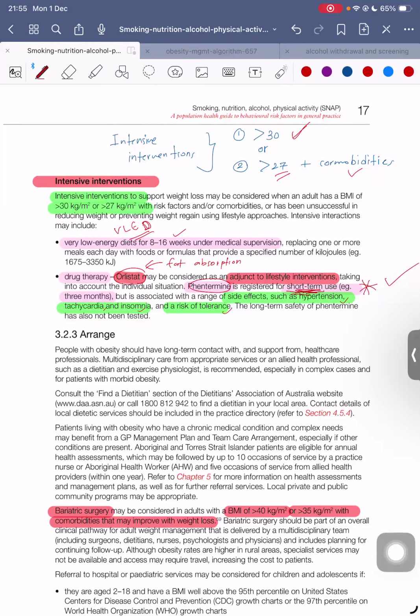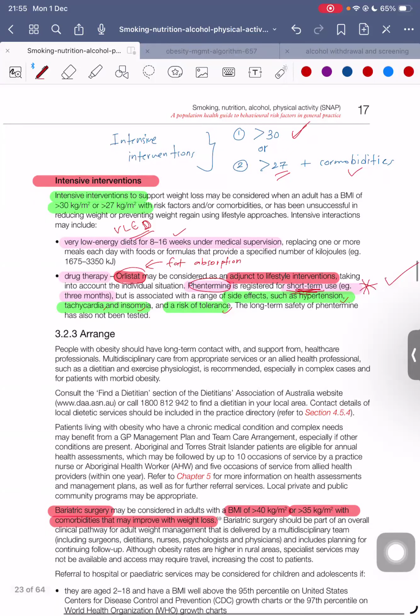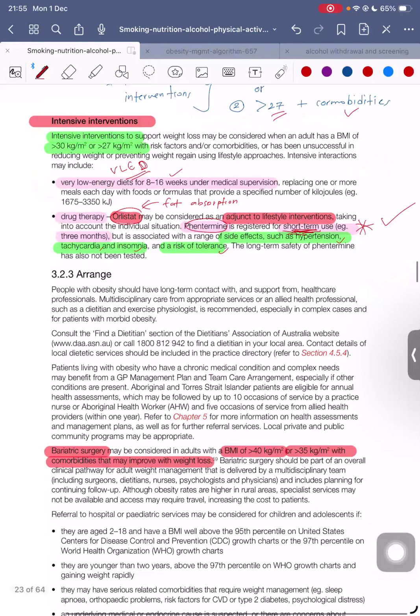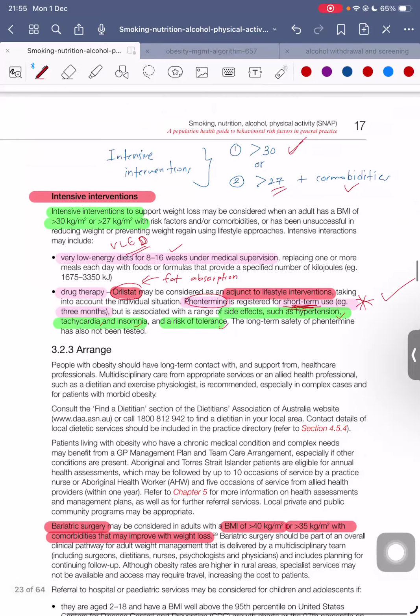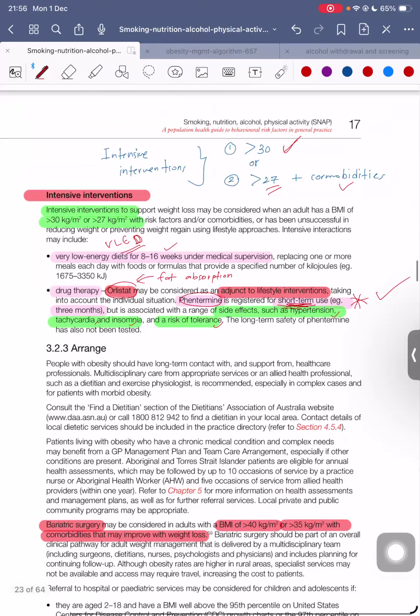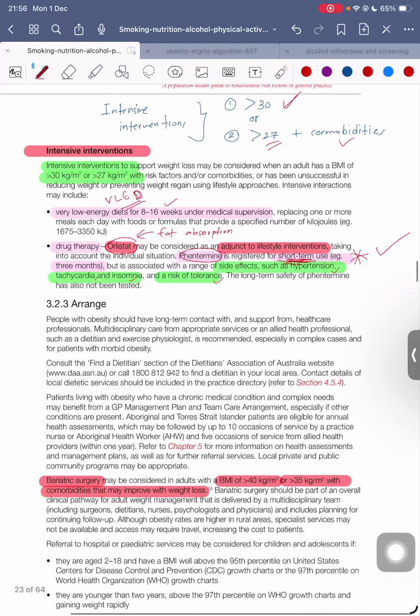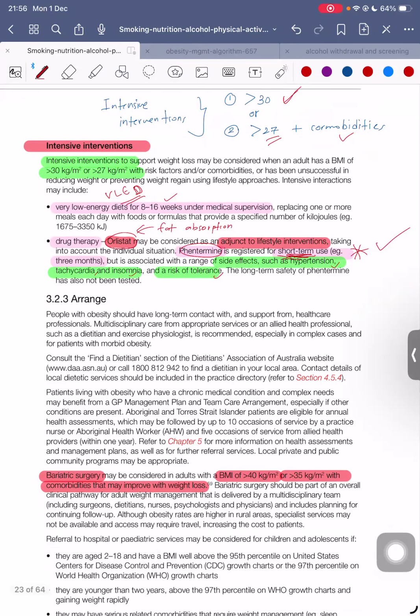Here the good drug is orlistat, a fat absorption drug. Sometimes we can give anti-diabetic drugs for obesity as well. I will show in a question.